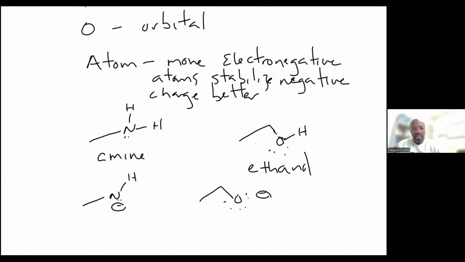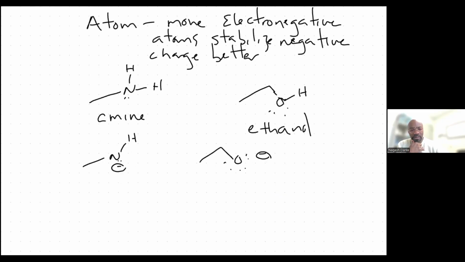So which conjugate base is more stable? What do you think? The question is, which atom is more electronegative? This oxygen is more electronegative, thus a more stable conjugate base.